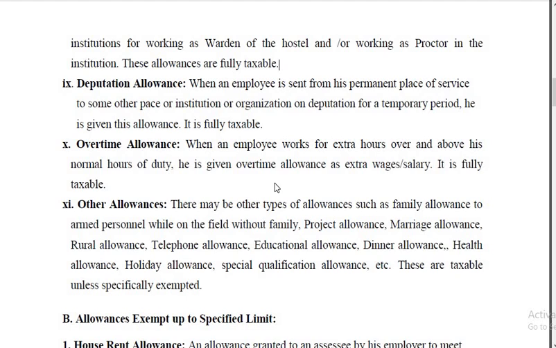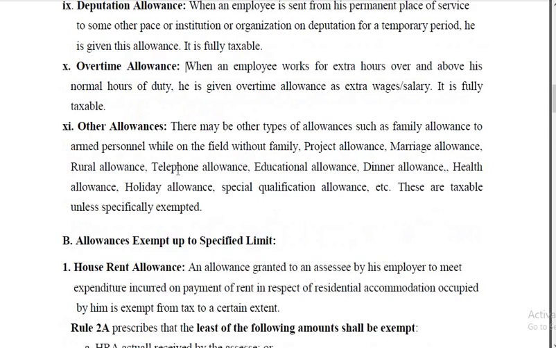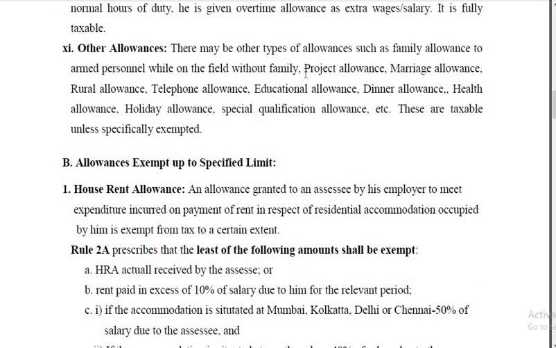Other allowances: apart from these fully taxable allowances, there are some more. For example, family allowance to armed personnel while on the field without family. Armed personnel might be working in the field and their family may not be there with them, so to compensate for that, they might be given family allowance, which is fully taxable.